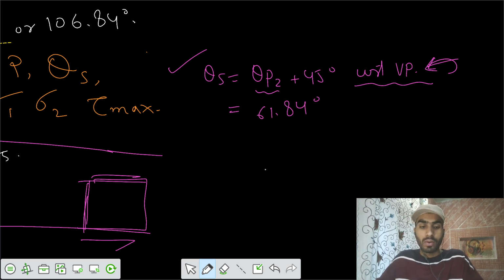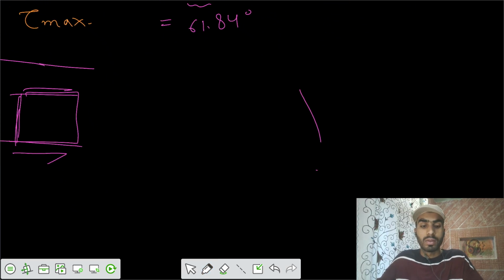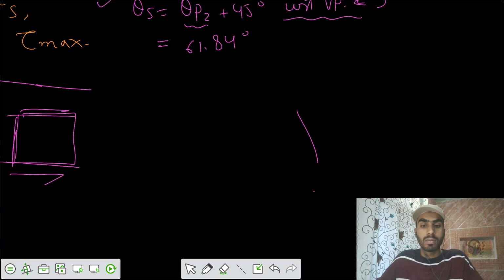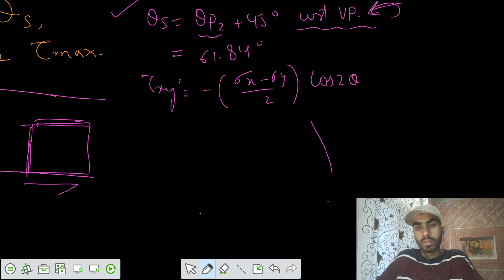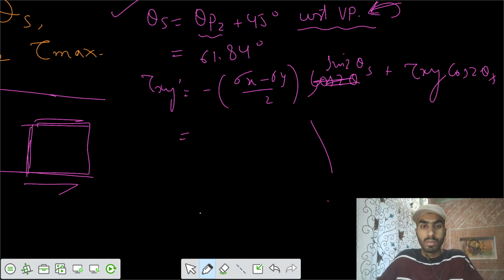So let's calculate now the tau max equation that we have, tau xy dash.